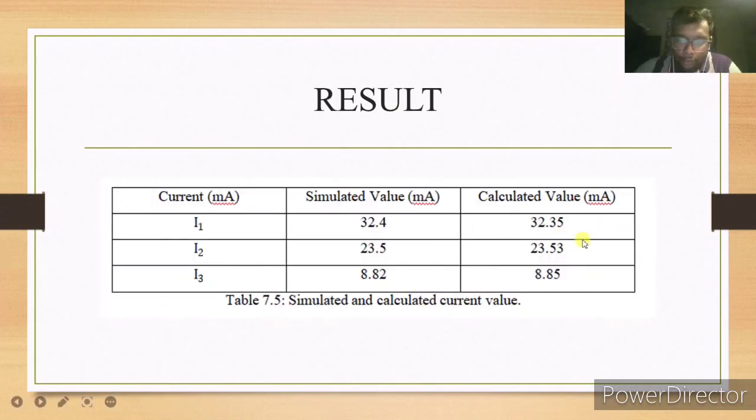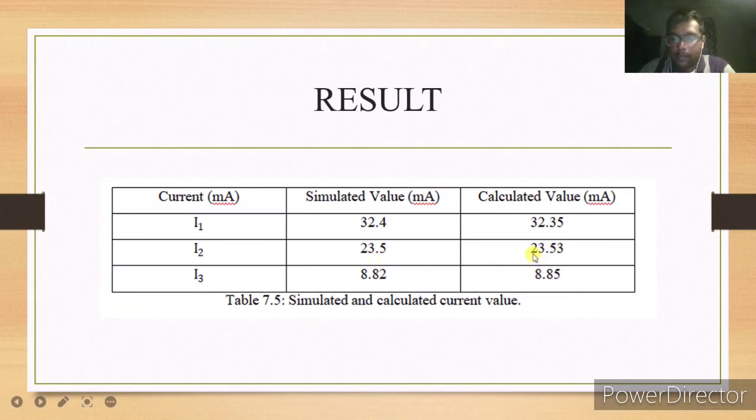As you can see from this result, from the Proteus software we obtained 32.4 milliampere. From the calculated value, we obtained 32.35. When we round off this calculated value, we obtain the same value as this simulated value. For I2, this is also the same.